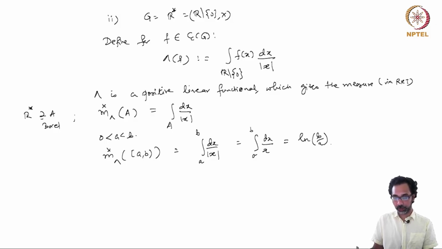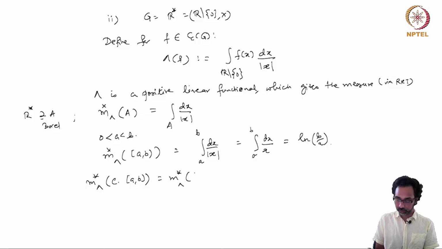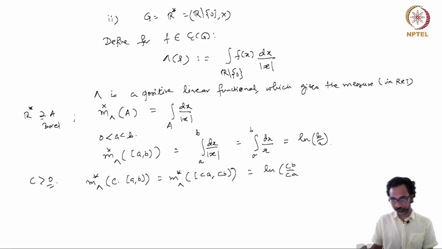and it is left invariant because m^× of c times this interval (a,b), for example, this is nothing but the measure of the interval (ca, cb), and this is nothing but ln(cb/ca). Here again I am taking c to be strictly positive.